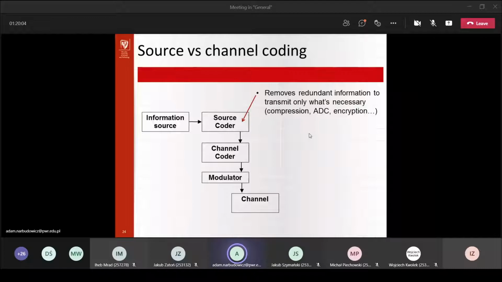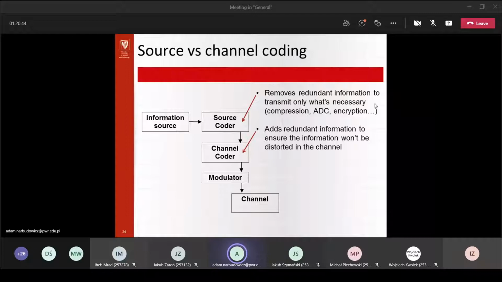Okay. So this is to frame all of the things that I was mentioning here. Firstly, in the source coder, we remove any redundant information, and compression is one of the things. Also, if we do any encryption, that component would be considered part of the source coding. I know technically encryption does not necessarily reduce the amount of information, but it is officially labeled in this block.